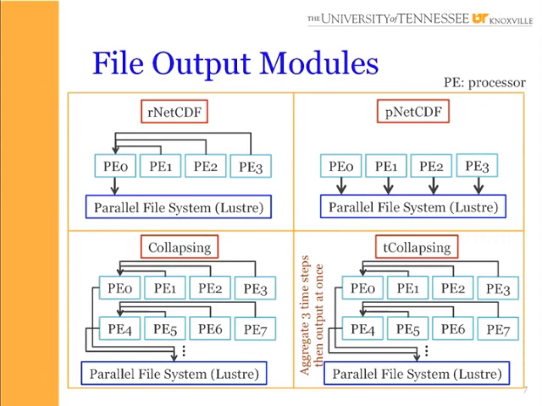So we have this slide right here explaining the 4 ways. The top left, right? We have the NetCDF regularly. What exists right now is aggregation to process 0, and process 0 just writes out all the data in that particular format.